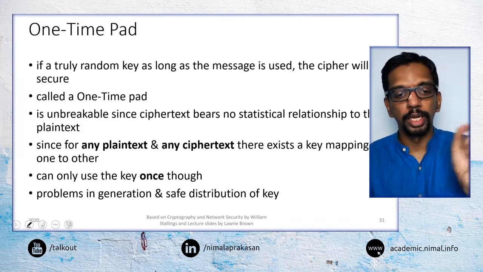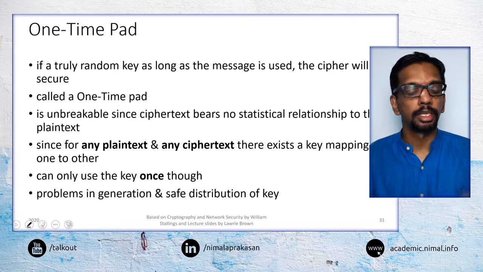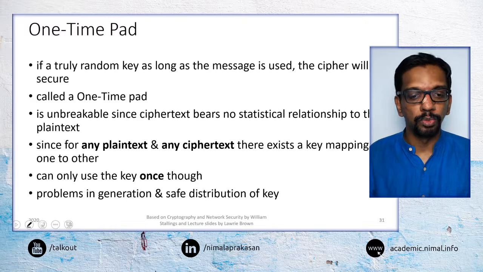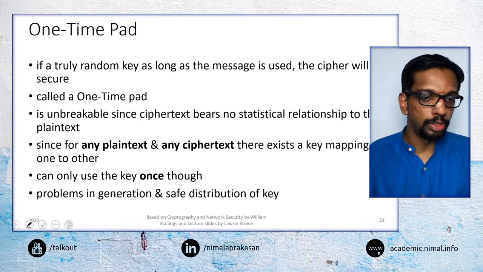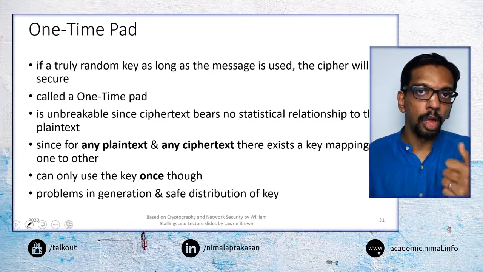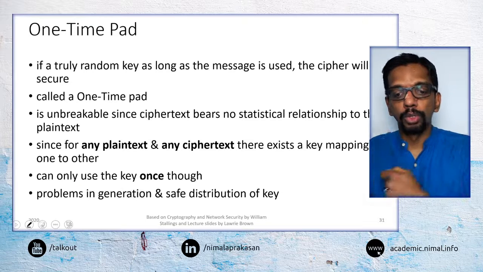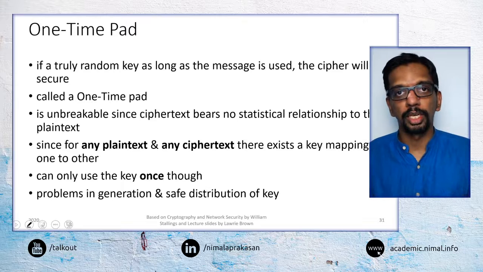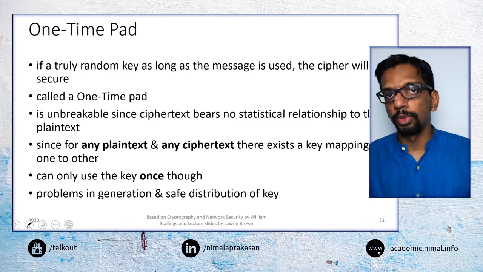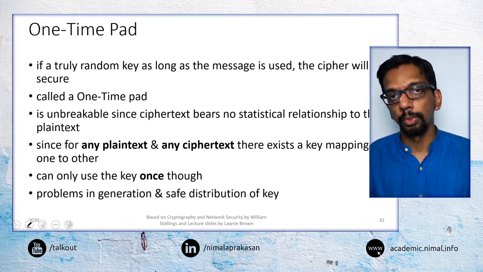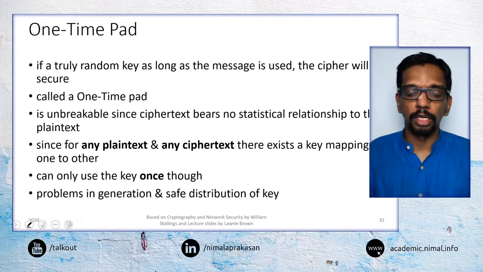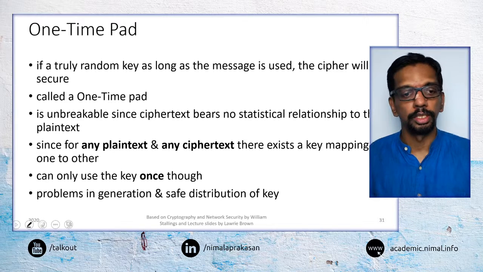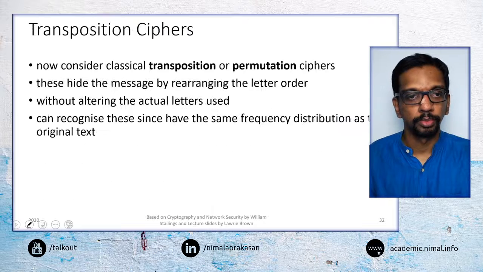For any plain text and any ciphertext, the mapping would be 1-to-1, but you can only use it once. So the problem is how do you generate that and how do you distribute that, because you can only use it once, so you need many keys, one each time you send a new message, and how the key can be securely transmitted becomes a challenge here.